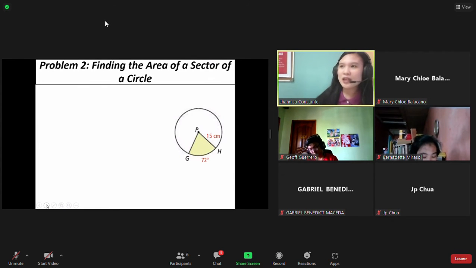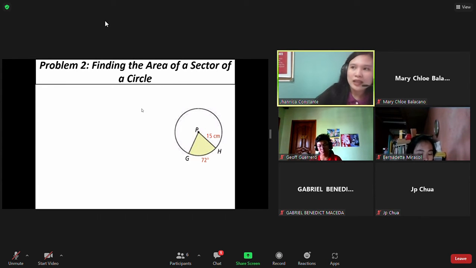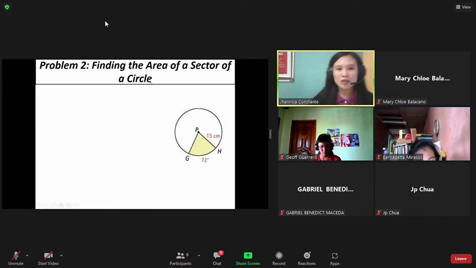For example, we have a circle P with a radius of 15 centimeters and an intercepted arc that measures 72 degrees. So we're going to find the area of the sector that we have in the circle. Following the formula, area of sector is equal to the measurement of the arc divided by 360 multiplied by the area of the circle, which is pi r squared.